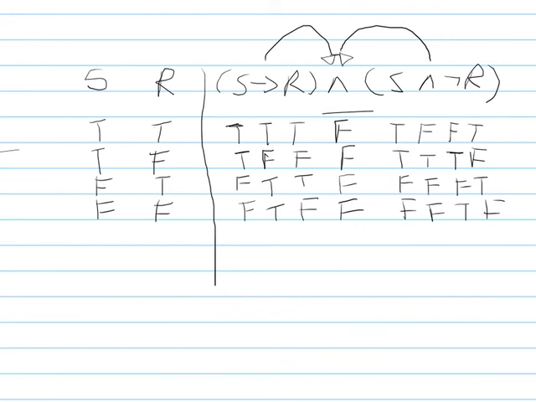So now if we look at the column under the main connective of our formula, the conjunction of the conditional S and R and S and not R, we see that in every possible case, for all evaluations, so for any possible combination of truth values of the atomic sentences, the entire sentence is false. So what we know is that this sentence is a logical falsehood. This sentence is a contradiction.